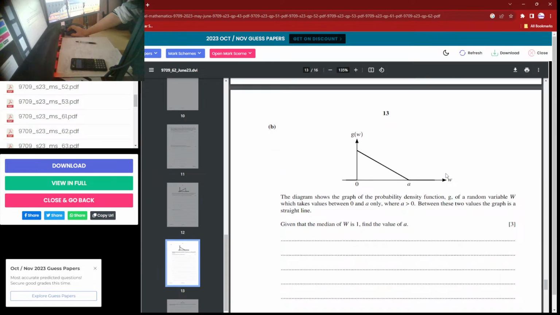Given that the median of W is 1, find the value of a. So since the median is 1, we know that everything below 1 would be 0.5, but we know that everything above 1 will also be 0.5. So are we given the value in the function equation?